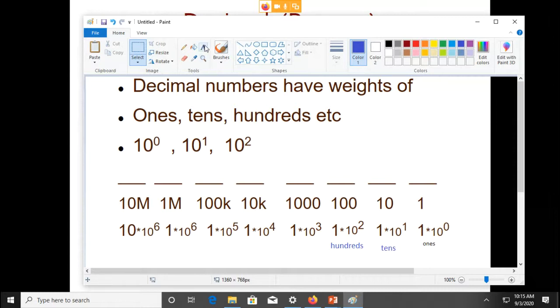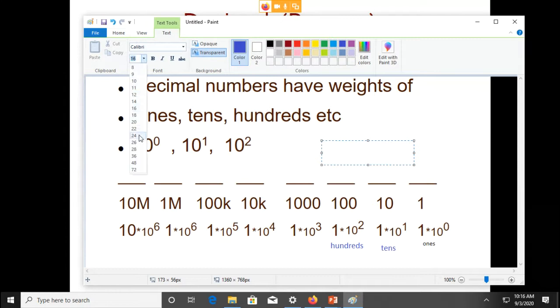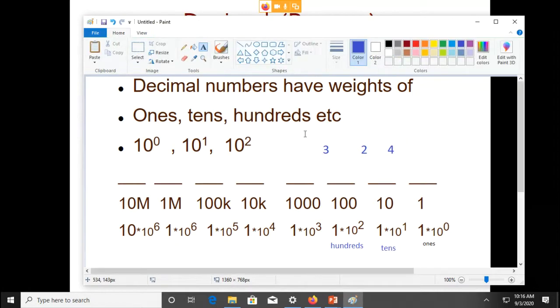So like if I had a number, let's say I have the number 324. So if we place that in there, we have 3 times 100, and 2 times 10, which would be 20, and then 4 times 1.